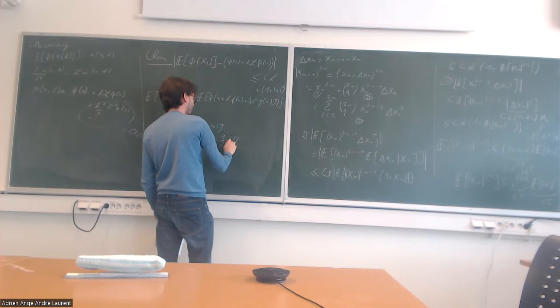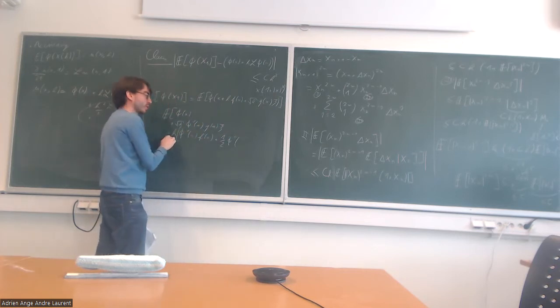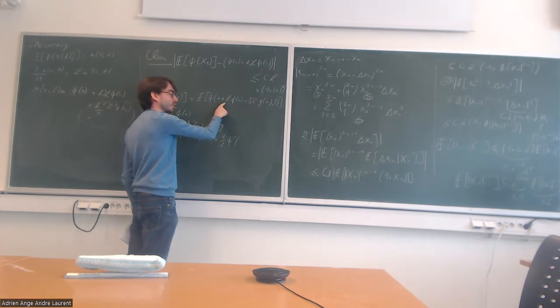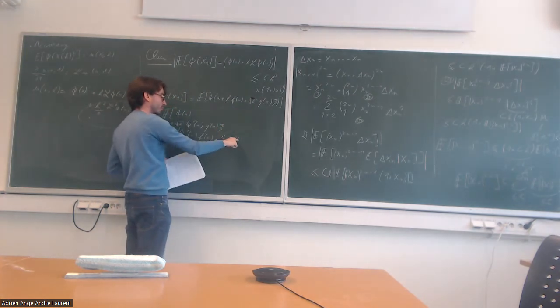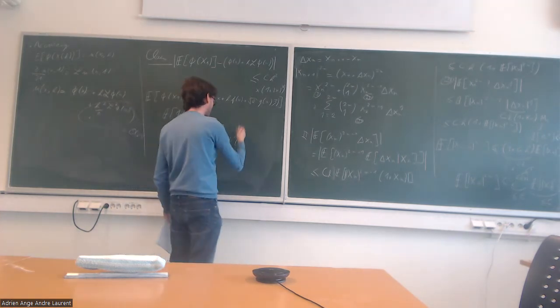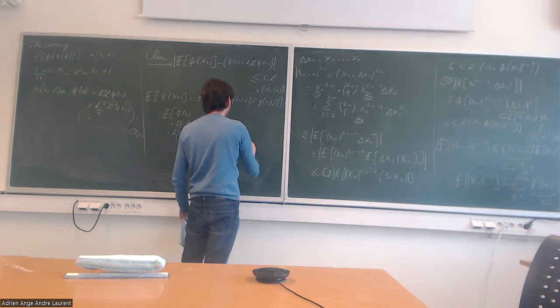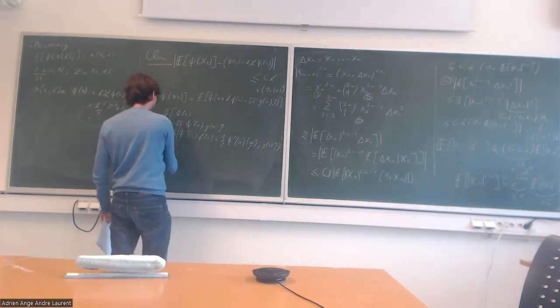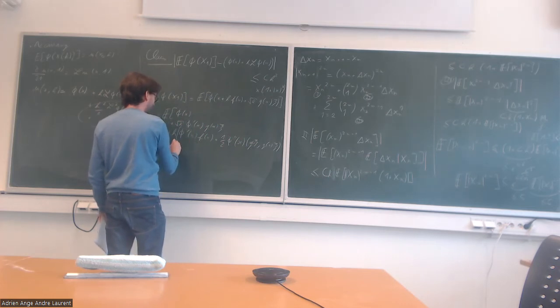This is annoying because I want an expansion in h, but I have a term of size square root of h and a term of size 1, so I put some quadratic terms in the h term. Plus something.